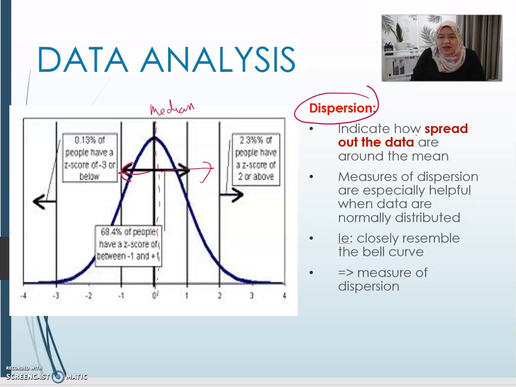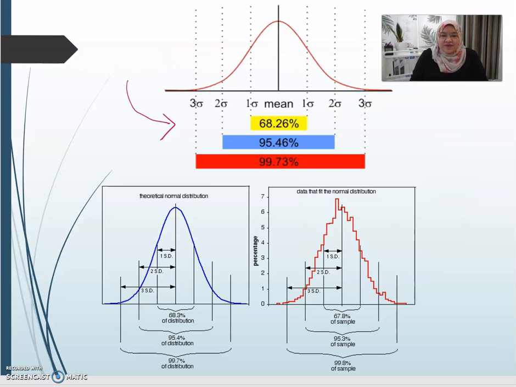So to measure the dispersion, we have to look at whether the data is skewed towards the left or right, or it's a perfect bell curve. For example here, this is what we call a bell curve or a normal curve, and the central line here is what we call the mean.